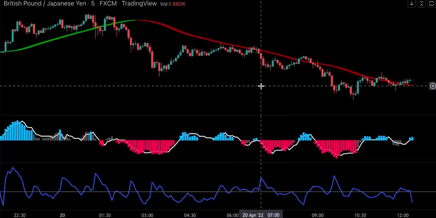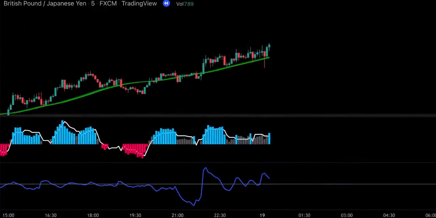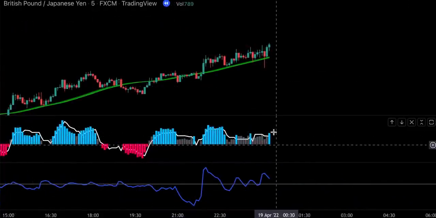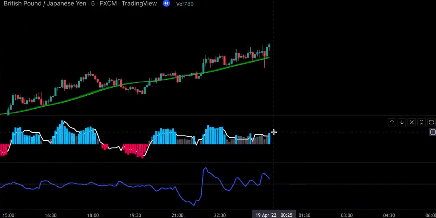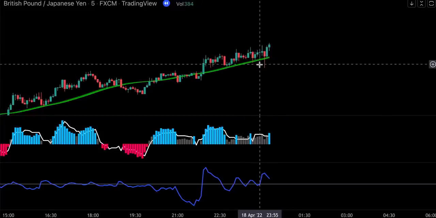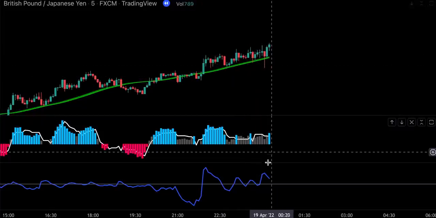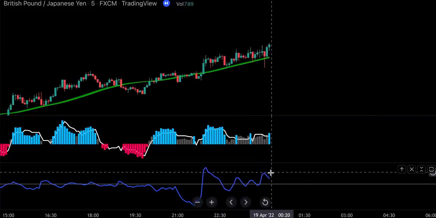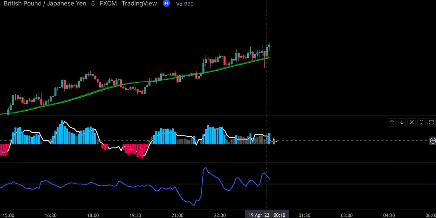Let's get into our trading rules. Okay, so in this strategy, we're going to be using this QQE mod as our first confirmation indicator. For our second confirmation indicator, we're going to be using this Hull Suite line. And for our volume indicator, we're going to be using this volume oscillator. Okay, so for a long signal to be valid, we need to have a new blue histogram appeared on our QQE mod indicator.